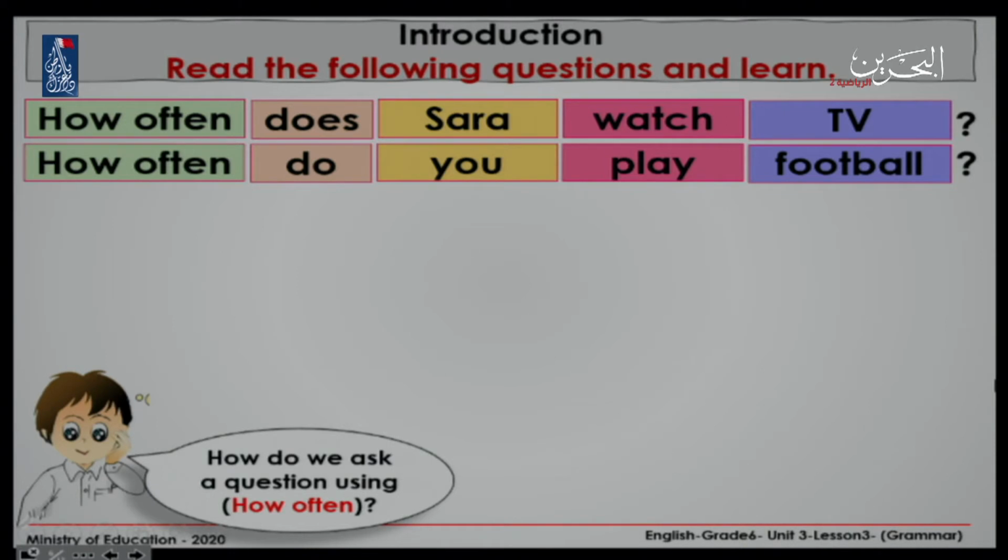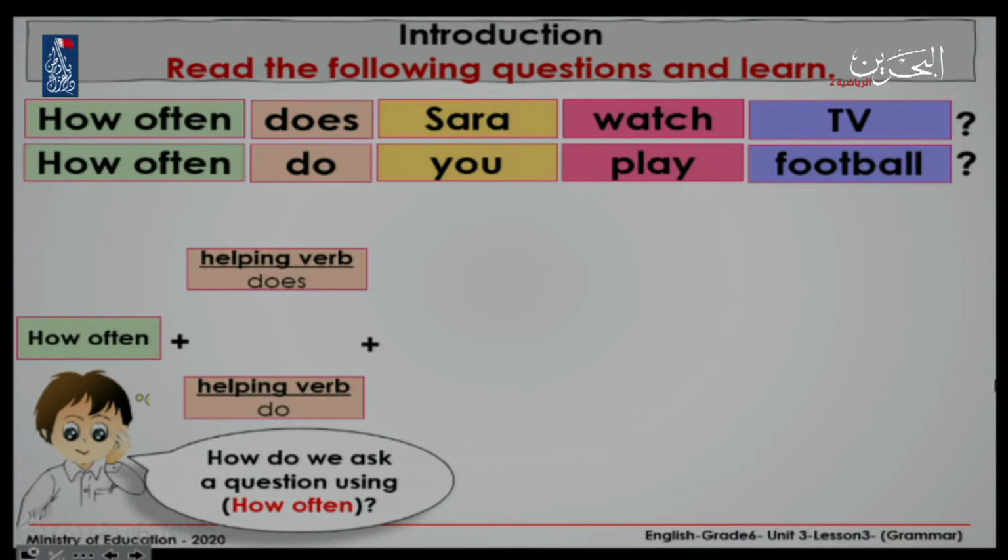So how do we ask a question using how often? We start with how often plus the helping verb does or do plus the subject: he, she, it, Ali, Sarah. So you can write a name of a boy or a name of a girl.